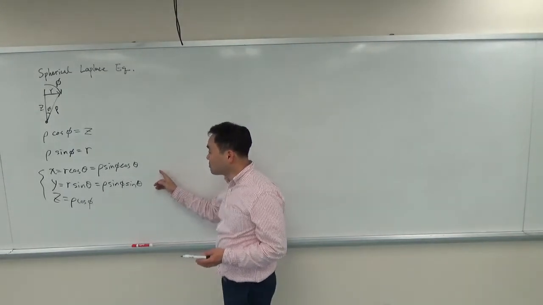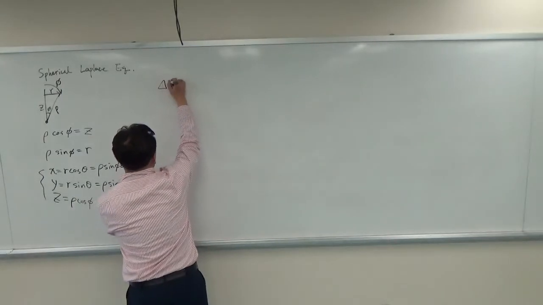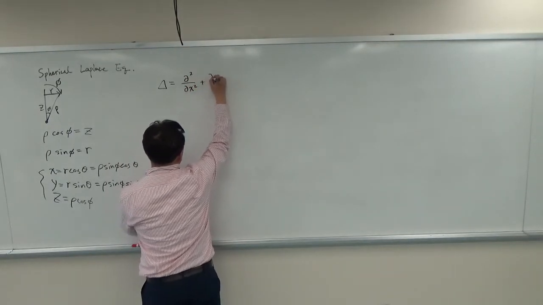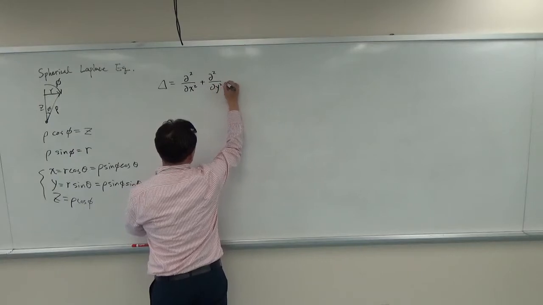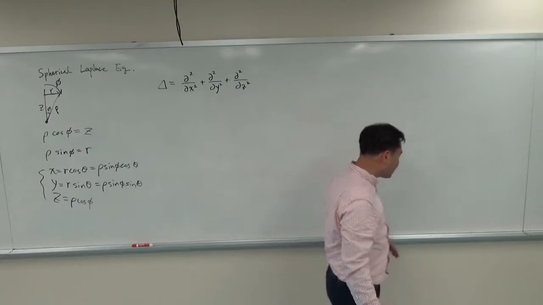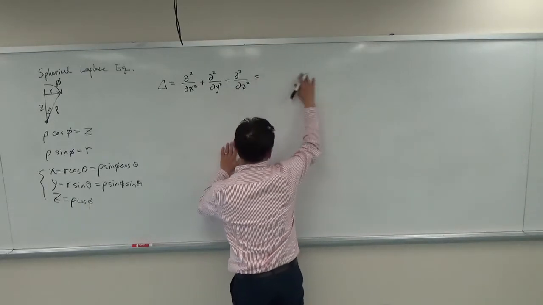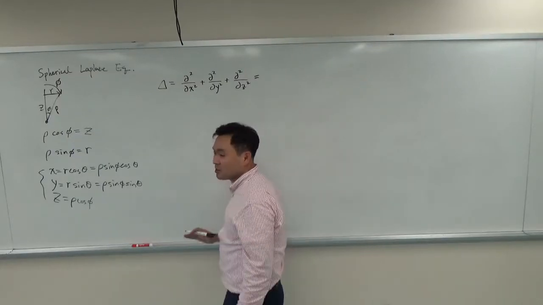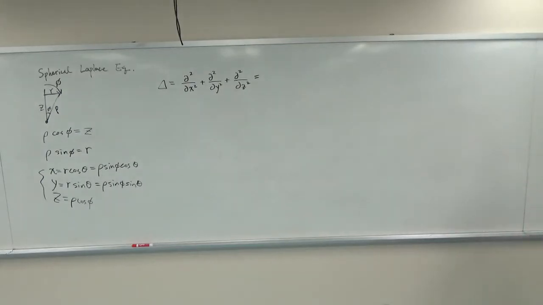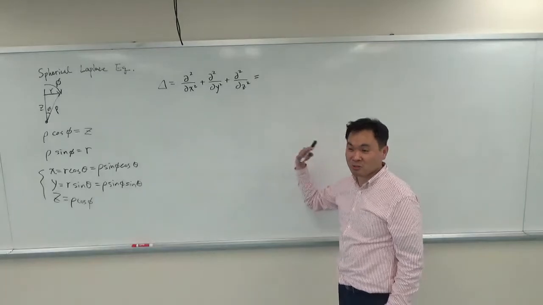I myself made a YouTube video on writing the Laplacian, which is partial x squared, partial y squared, plus partial z squared, in the spherical coordinate system, and it took me 40 minutes on the video, which usually means I'm trying to be very efficient, and it still took me 40 minutes.